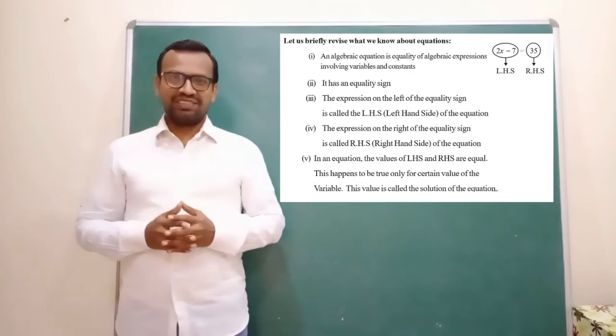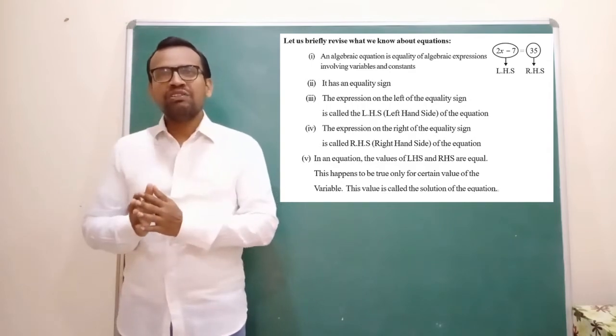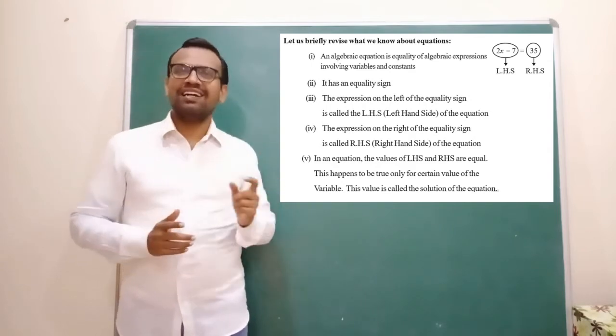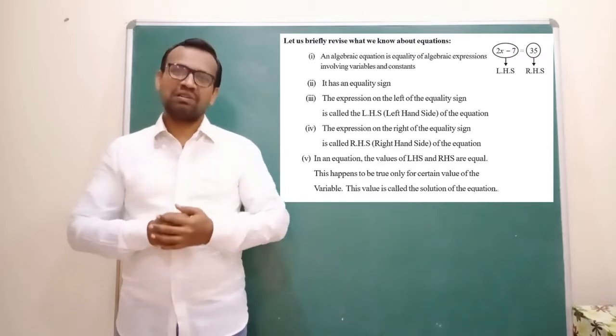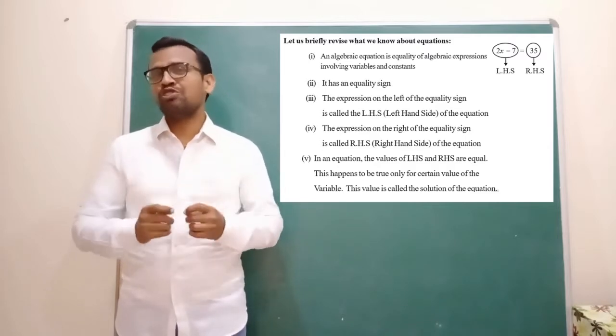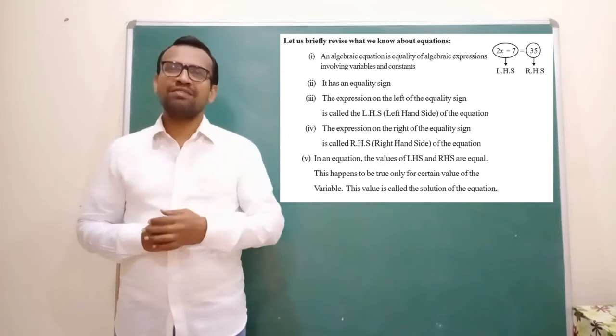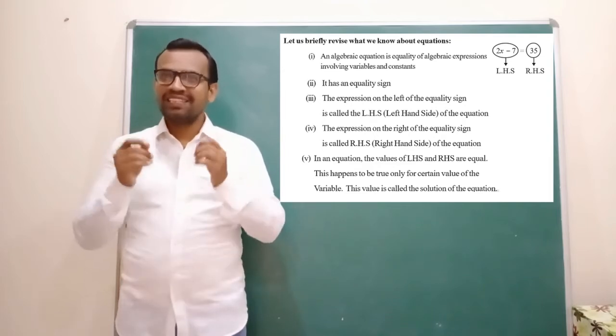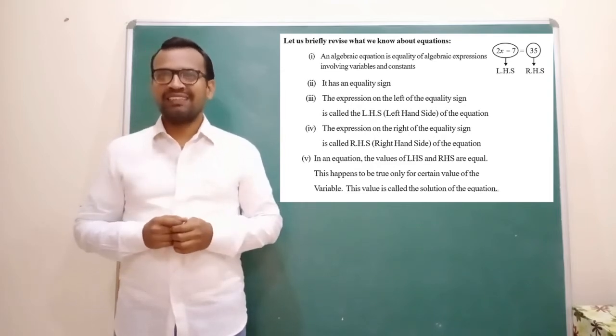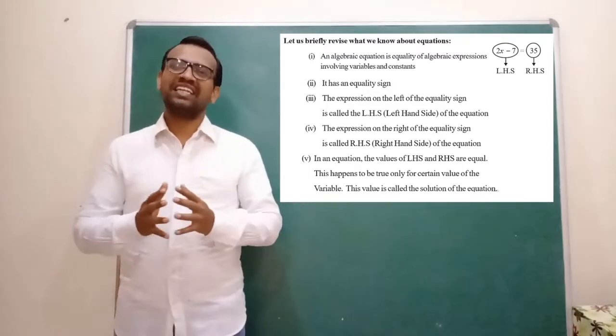In an equation, the value of LHS and RHS is equal. This happens to be true for certain values of the variable, and this value is known as the solution of the equation.